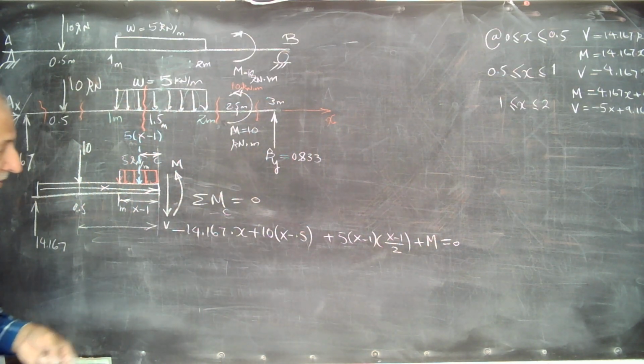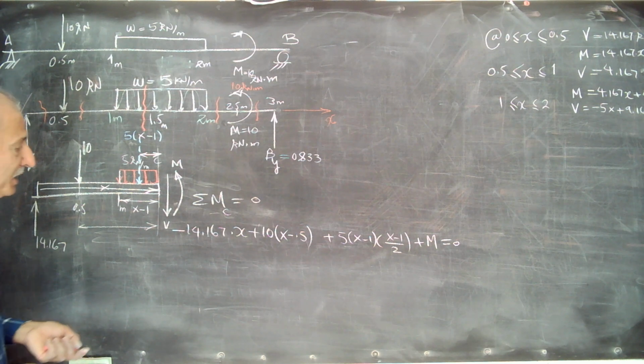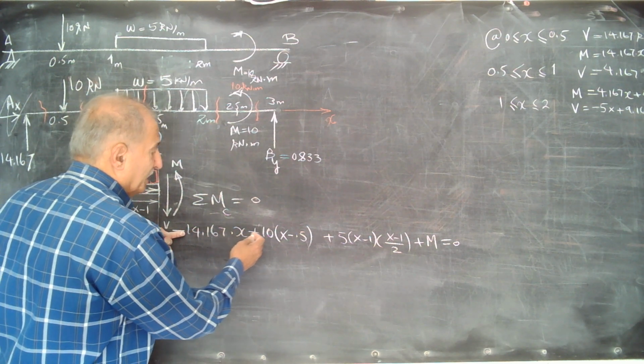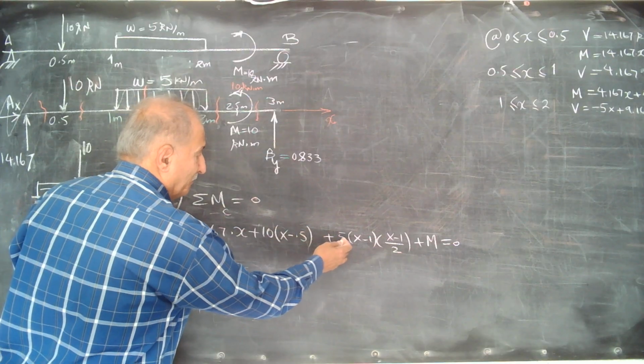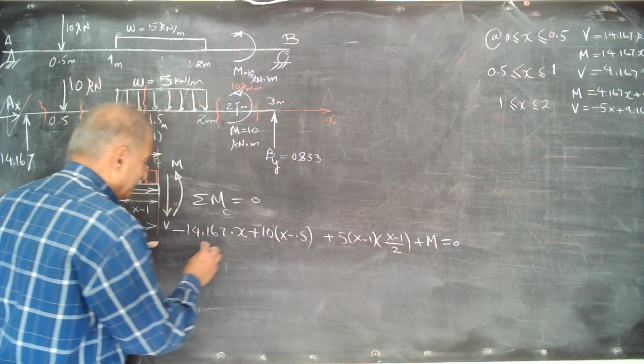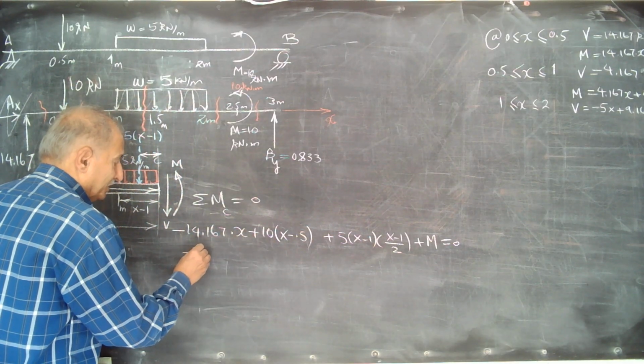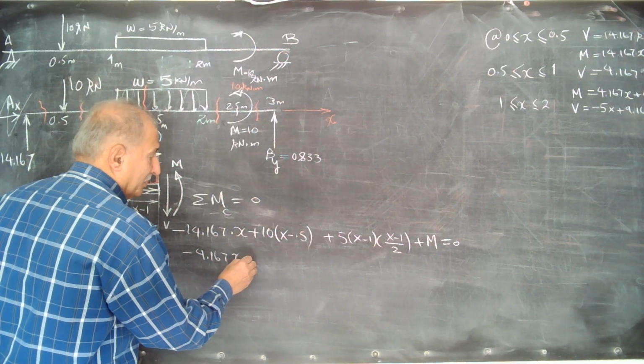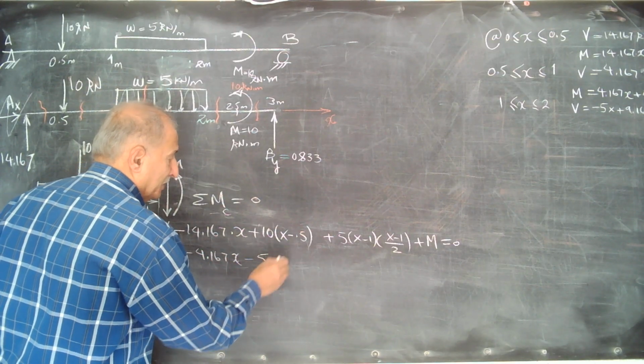If you simplify that, then you have minus 14x plus 10x, which I made simple: this is minus 4.167x here, plus minus 5.